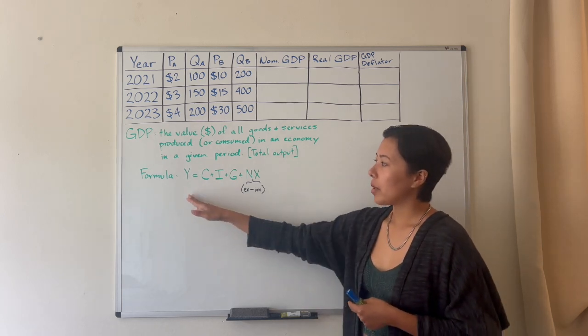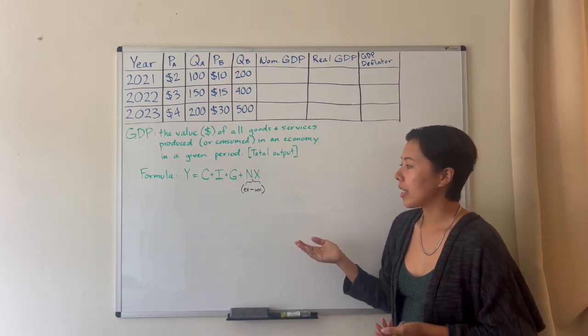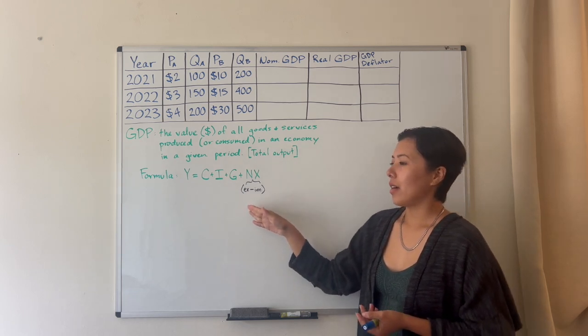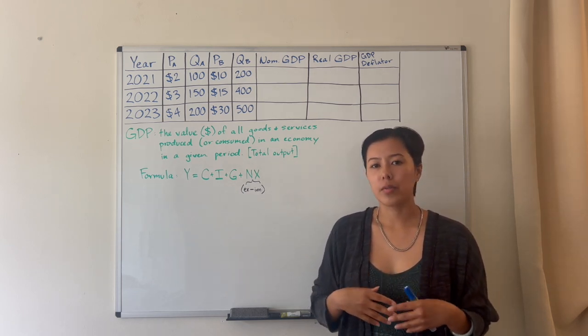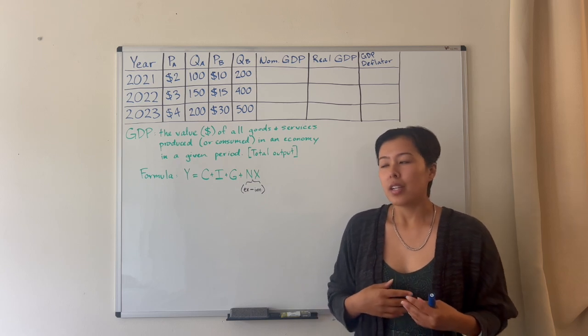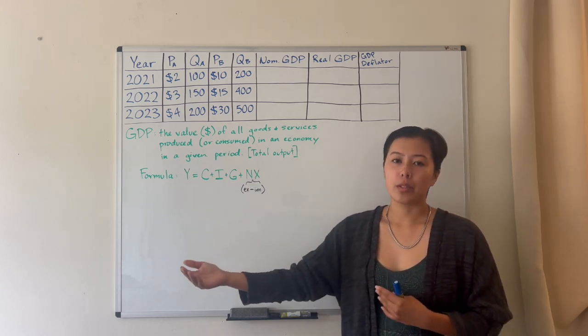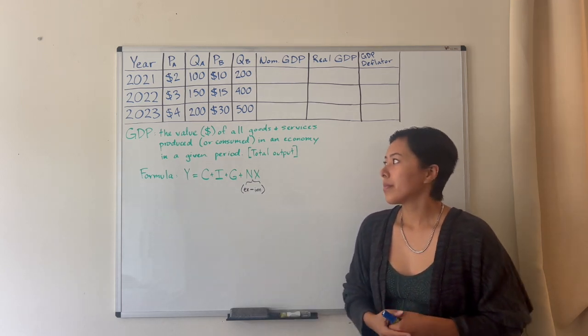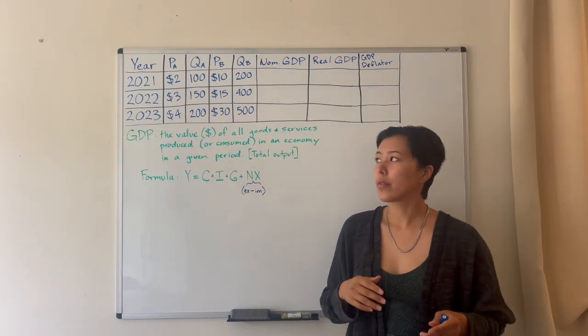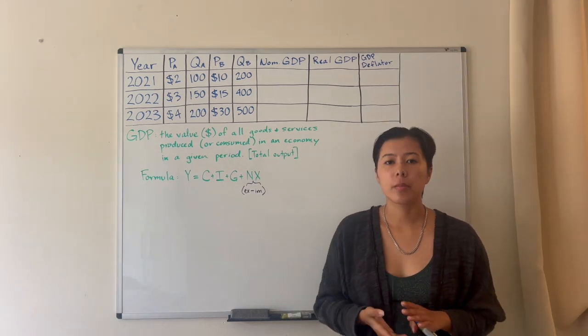So if we're adding up our GDP from a production standpoint, we can think, okay, we need to include all of the exports that were produced here, and then we need to subtract all of the imports that were produced somewhere else.